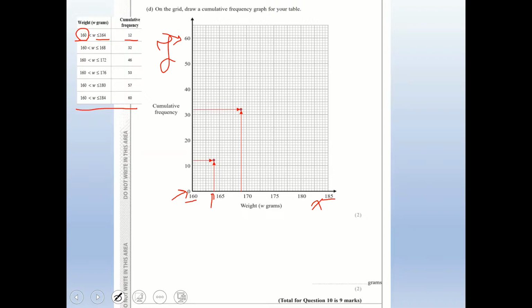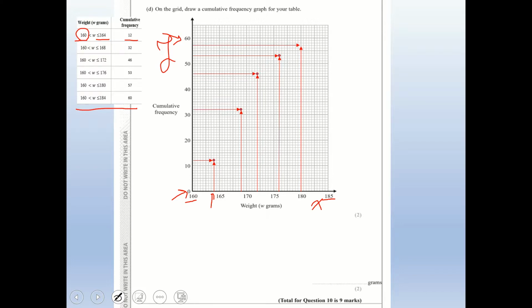I will do the same for the other points. So go up to 172 on the x-axis, and 46 on the y-axis, and plot the third point. The fourth point is 176 and 53, then 180 and 57.